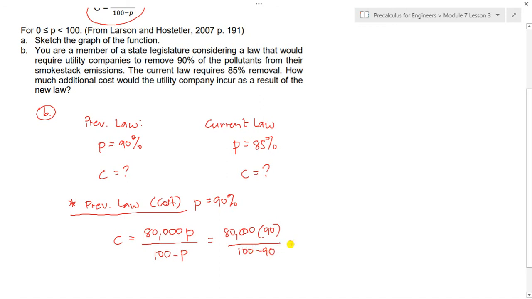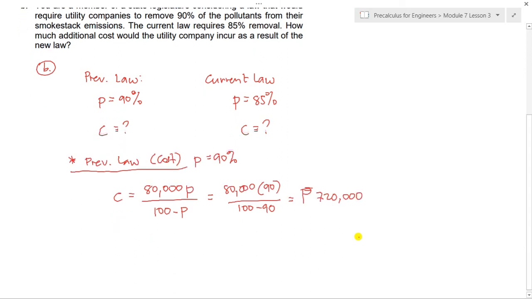So the answer here is 720,000. So cost man ni, assume natang in peso ni. So that is 720,000 pesos.